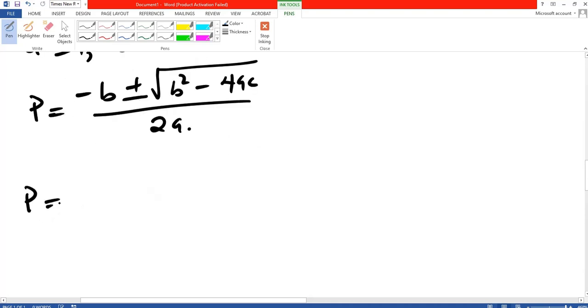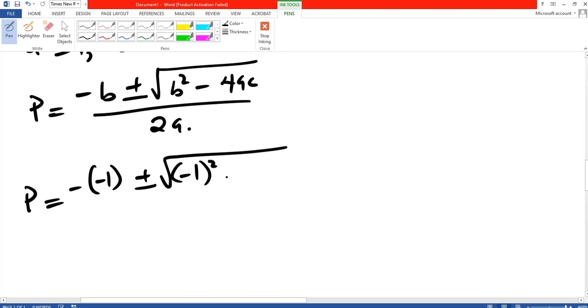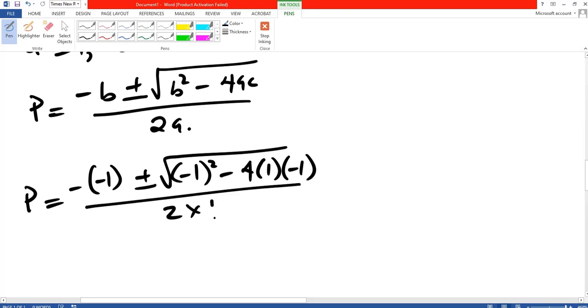So p will be equal to minus b, which is minus 1, plus or minus square root of minus 1 all squared minus 4 times 1, c is minus 1, all over 2 times a, which is 1.